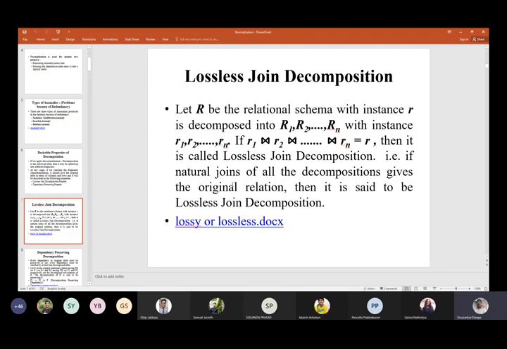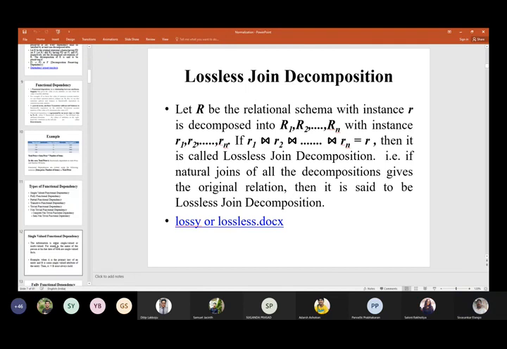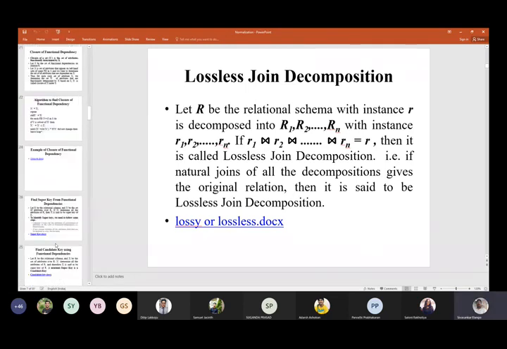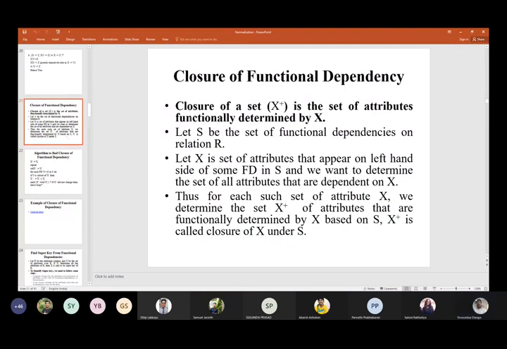Once you know the closure property, you will be able to work with this lossless join decomposition. Right. So the next thing that we'll study is closure of functional dependency.